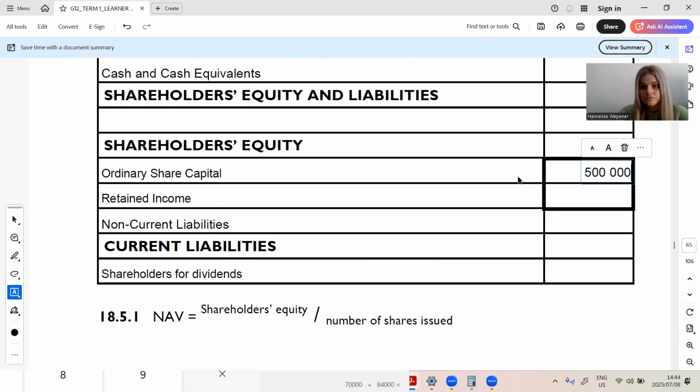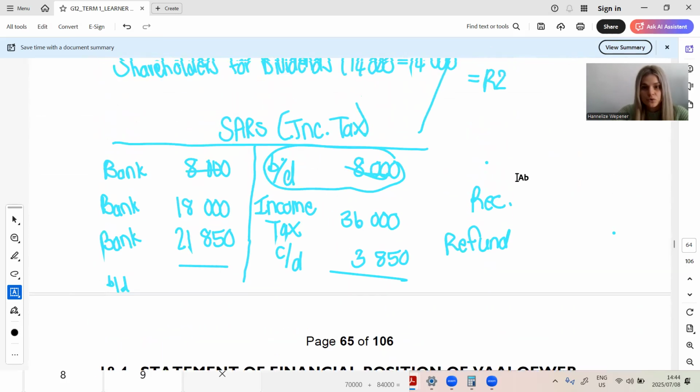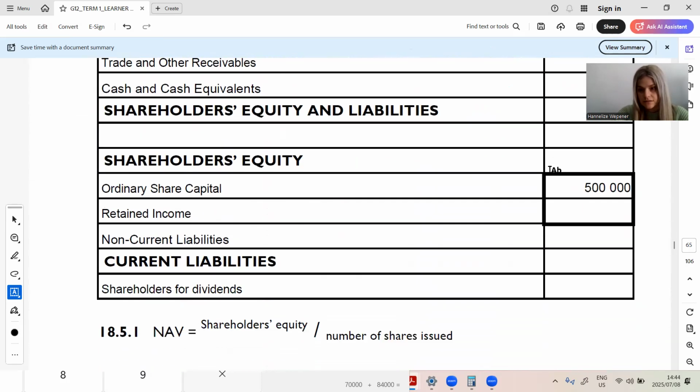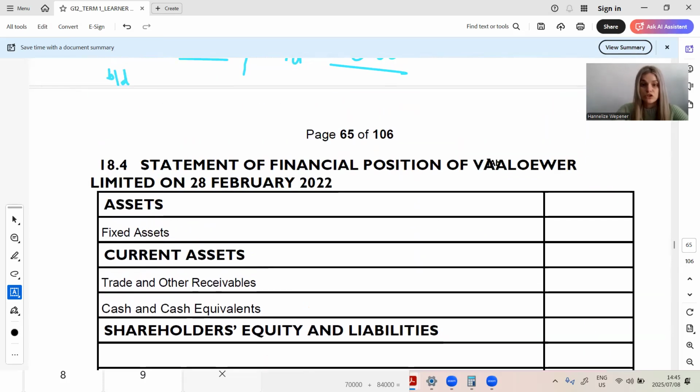Then for your retained income, you ended on 19,000. So 19,000 goes there. So in total, for your shareholders' equity, you have 519,000. And there we go. See, no new calculations, nice and easy. Just to show that you know that it has to be carried over.